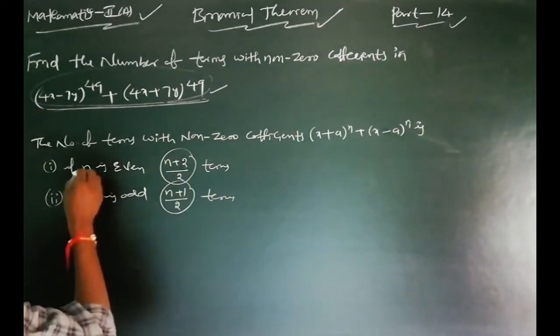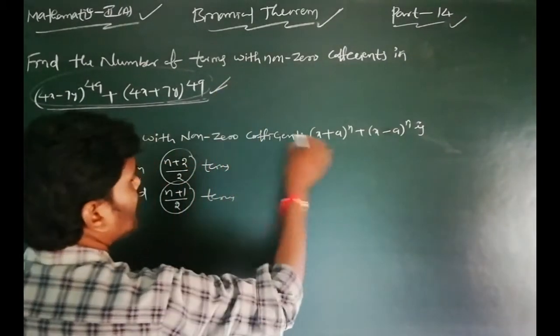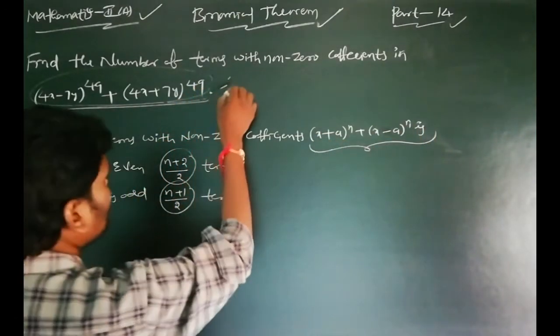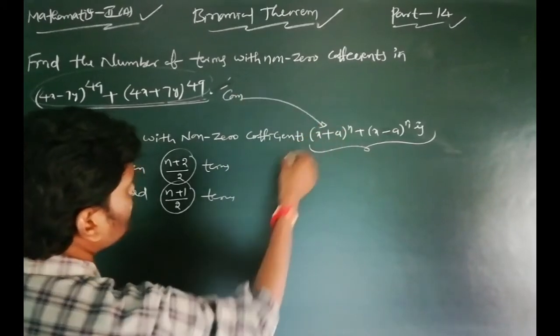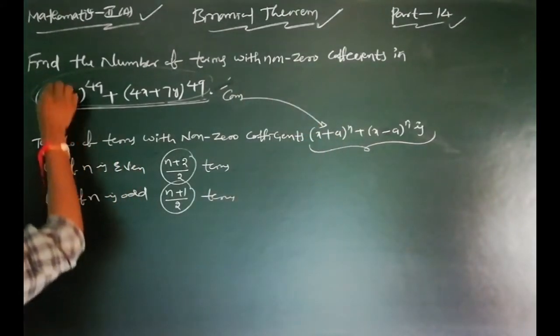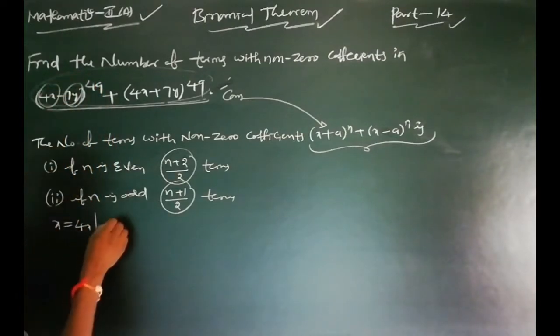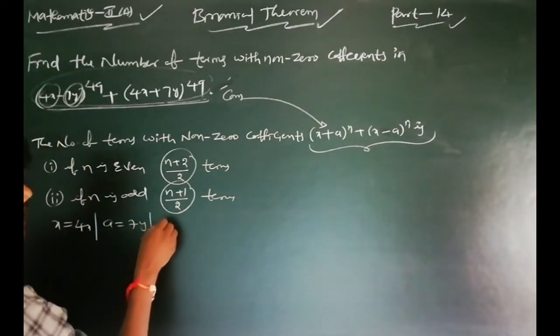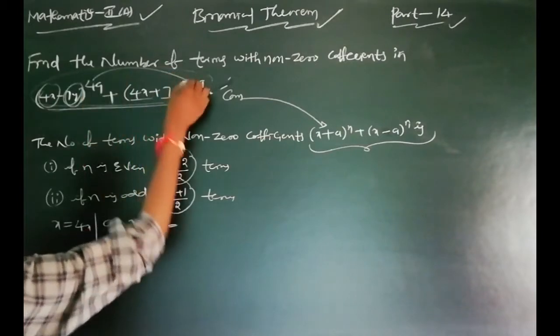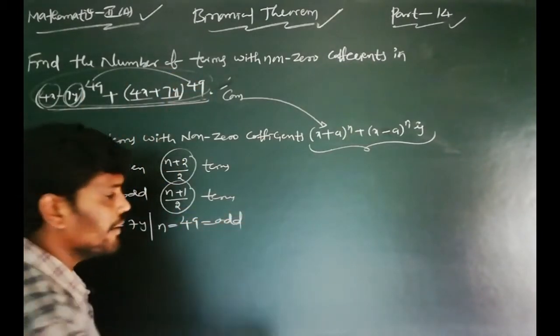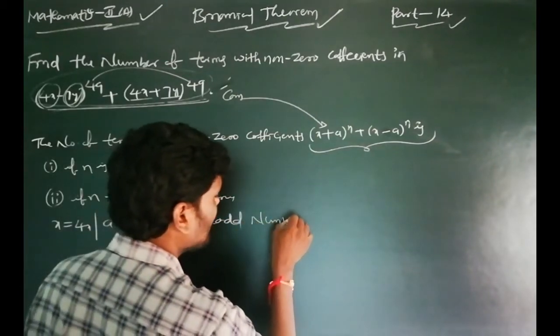First of all, comparing this expansion with the formula, you get x value is 4x, a value is 7y, n value is 49. Here 49 is an odd number.